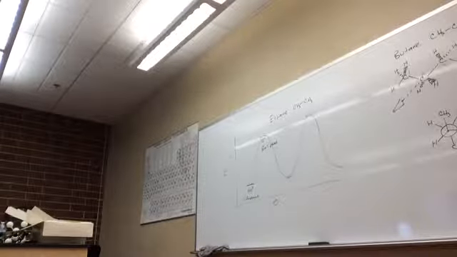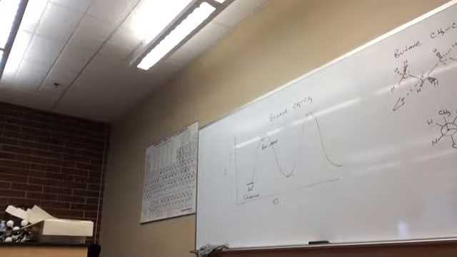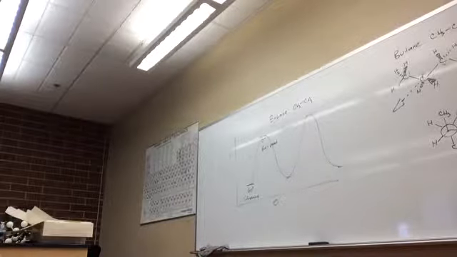Lower or higher? The question is, if we were to judge the difference between B and C, which one would have lower energy? I think C has lower energy because it's staggered, right? Not eclipsed? Okay. So I'm going to put C here, and I'm going to put B over here.